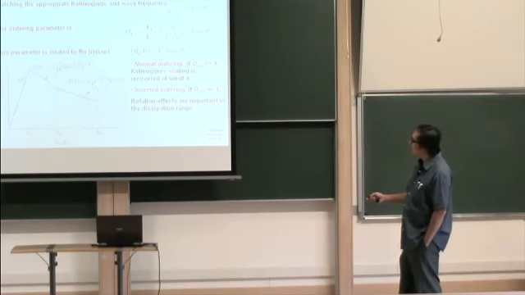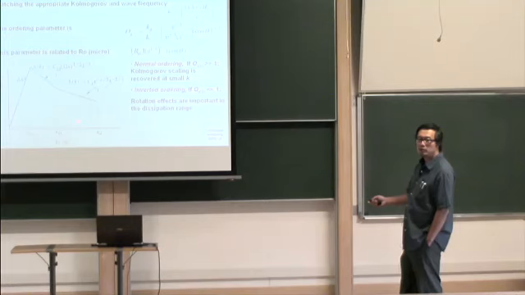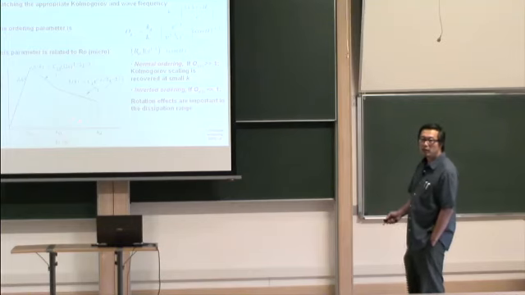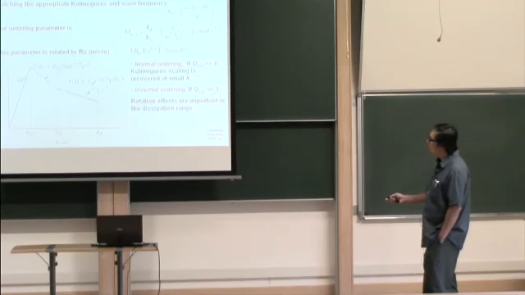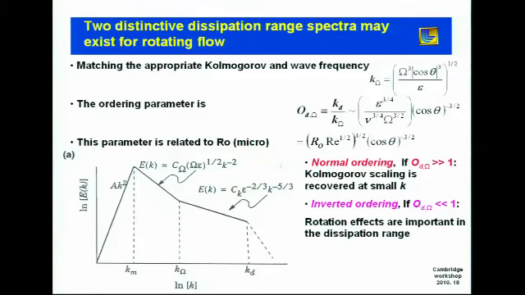What I draw here is the rotation-modified energy spectrum that recovers to the Kolmogorov spectrum, and then you have the traditional dissipation spectrum of turbulent flows. But then you could have the inverted ordering, because if this effect is very strong, then the omega will go all the way into the dissipation scales, and you have a dissipation energy spectrum that is dependent on the rotation rate. That's something you have to work out.